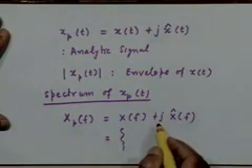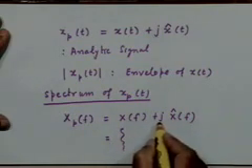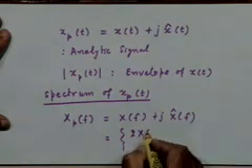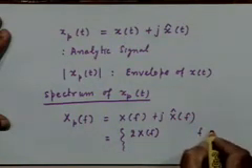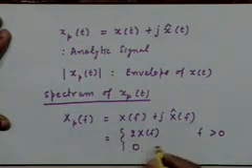So what will happen to this? It will become minus j squared, minus j, so this is plus, so it will become twice X of f for f positive. What happens for f negative? It will become 0.